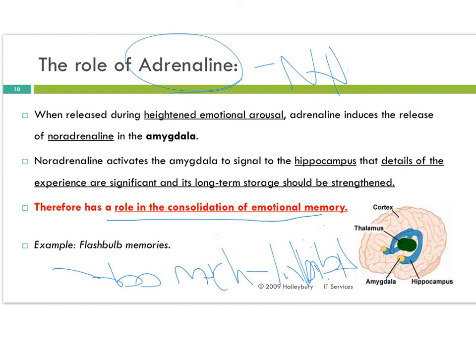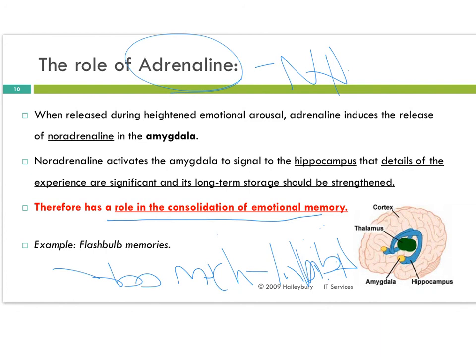So how does it allow us to consolidate an emotional memory? So what happens is when we are having an emotionally significant event, the adrenaline activates the amygdala. And so the amygdala, remember, is responsible for the processing and the storage of emotional memories, particularly fear and aggression.